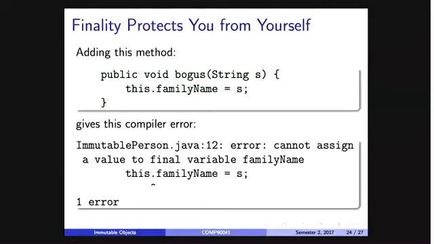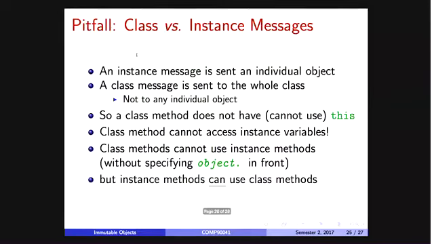And it points you to what line? Yep, line 12, right there, this.familyName. So one really nice thing about Java is when it gets an error message like this, it tells you where your bug is. Anyway, that can save you a lot of grief. Makes it very easy to fix.